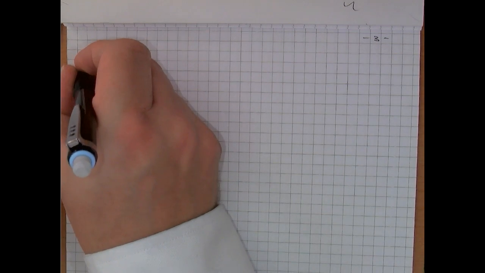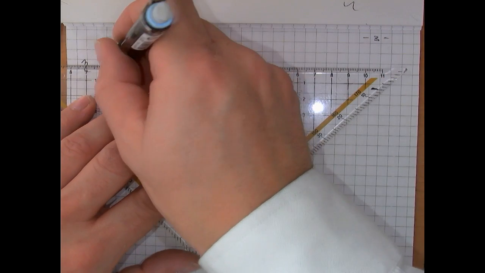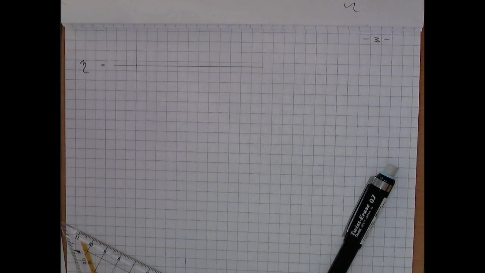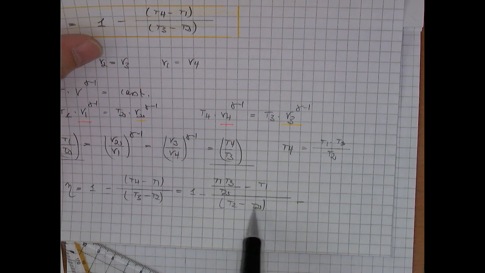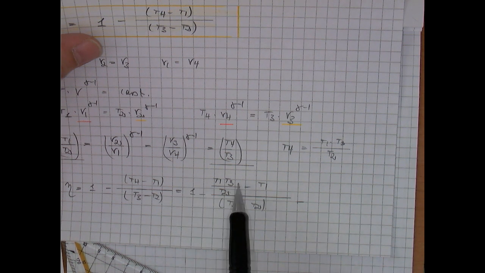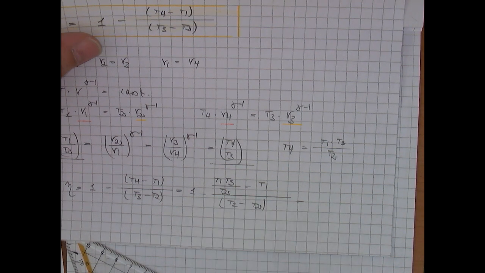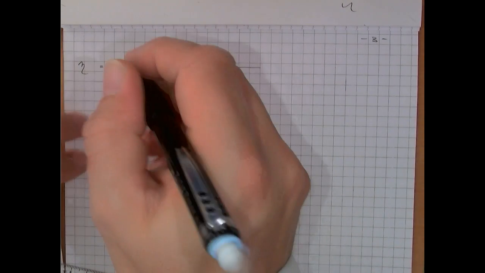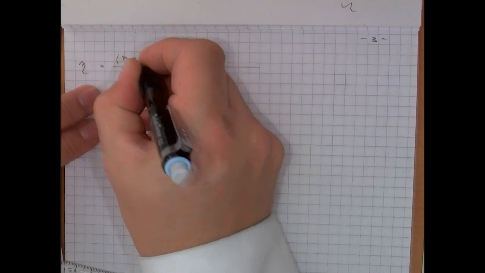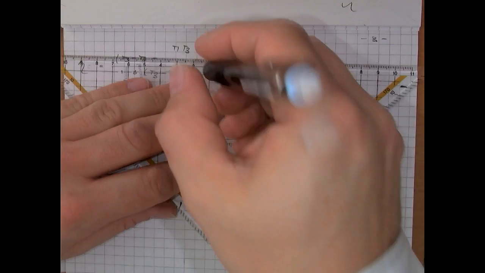So let me rewrite this expression now. I'm rewriting this here, but multiplying using a common denominator, T3 minus T2. We have then up here minus T1 T3 over T2, plus T1, divided by T3 minus T2.